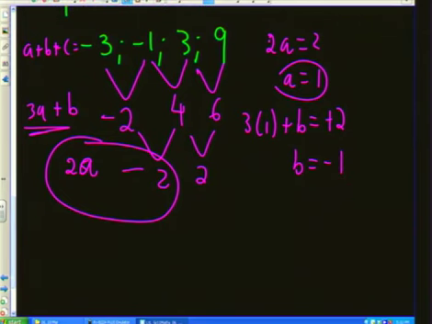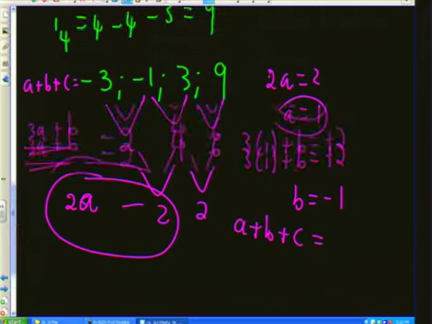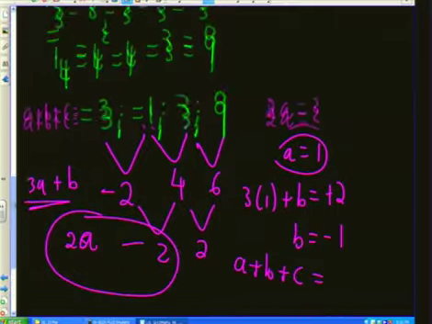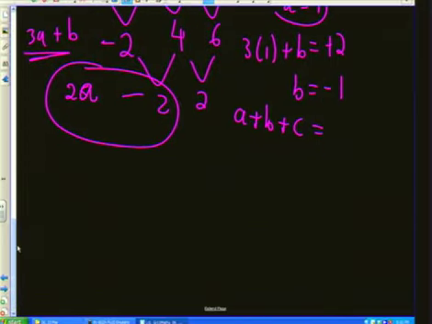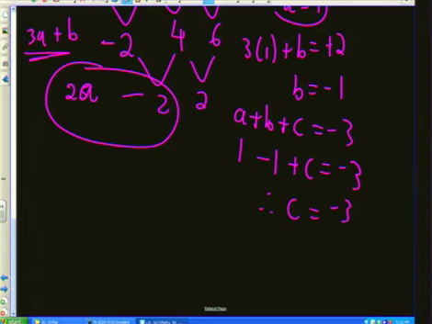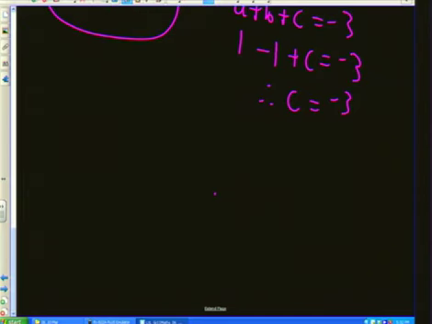And after getting the minus 1, you've got A plus B plus C equals our first term, which is minus 3. The value of A is 1, plus the B is minus 1, plus C, which gives us minus 3. Therefore, C is minus 3. So you write it in the form Tn equals an squared plus bn plus c.